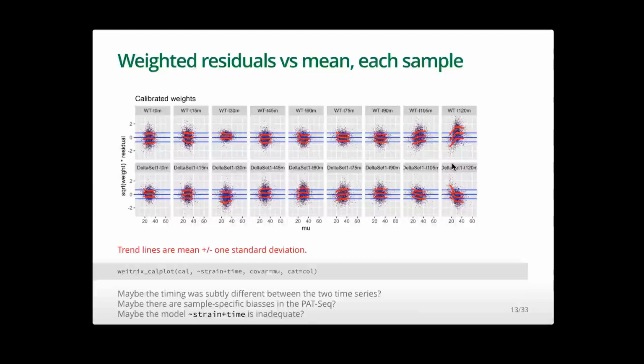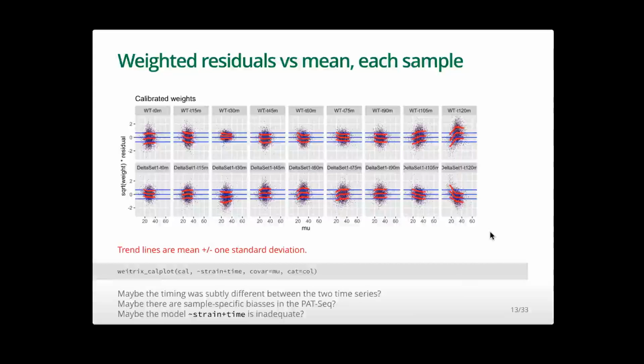This is possibly because the model is slightly inadequate. We were limited in the model that we could fit to the data. Maybe these samples were acquired at slightly different timing, which our model can't account for. Or it may be that PAT-seq has some sample-specific biases. Part of the protocol, for example, is cutting through a gel in a very precise way, and if that wobbled a little bit, maybe that would affect the outcome.